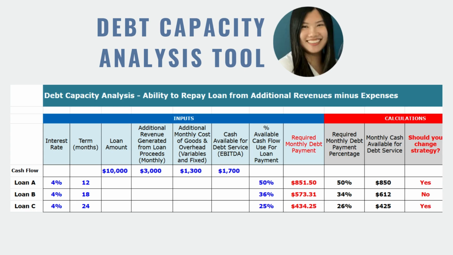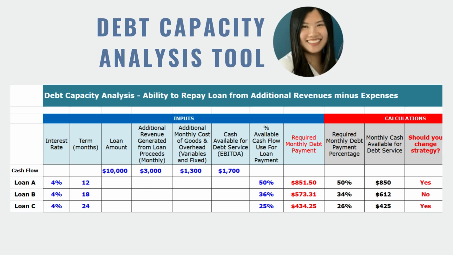Note that when you use this spreadsheet, you can change the interest rate and loan terms. After doing this, the spreadsheet will automatically calculate the new monthly required debt payment. This provides you with 3 options and 3 different monthly loan payments, depending on the interest rate and loan term.